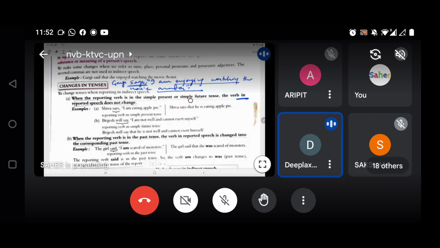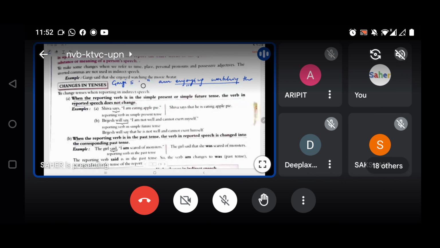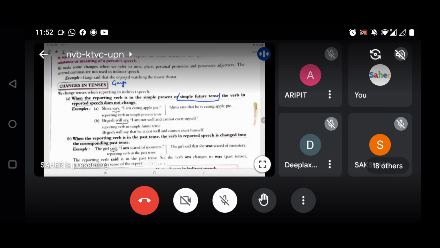Yes, ma'am. Or if it is simple future tense, Gargi will say, "I am enjoying" whatever the sentence is, then also Gargi will say that she is enjoying watching the movie Avatar.